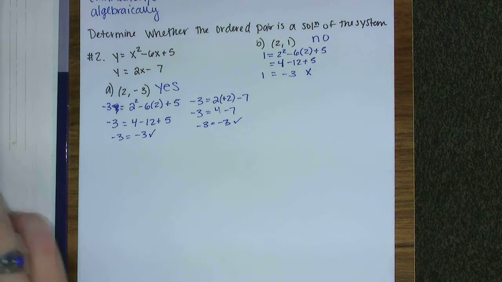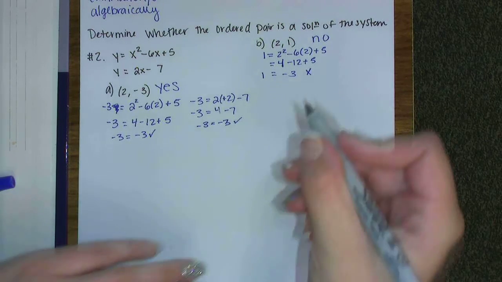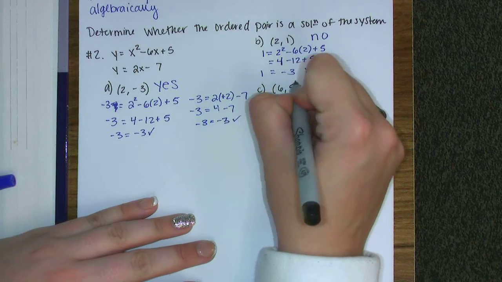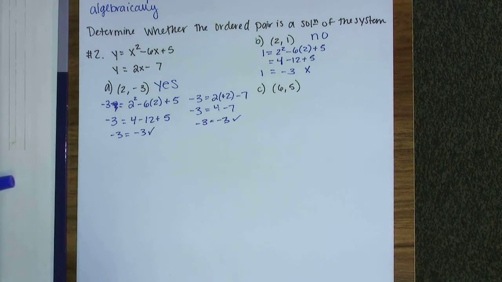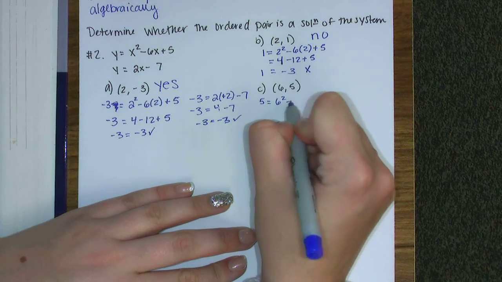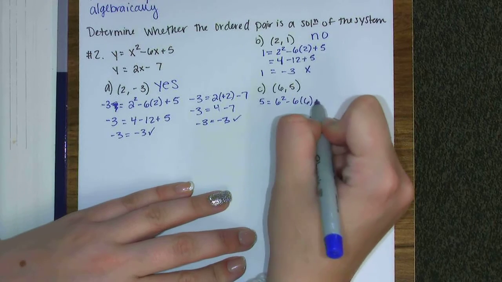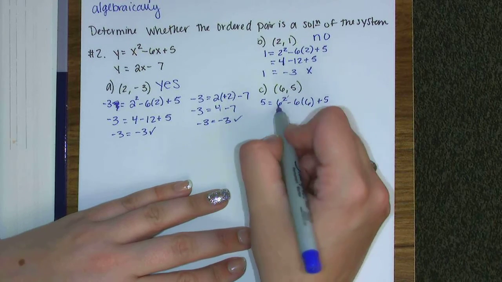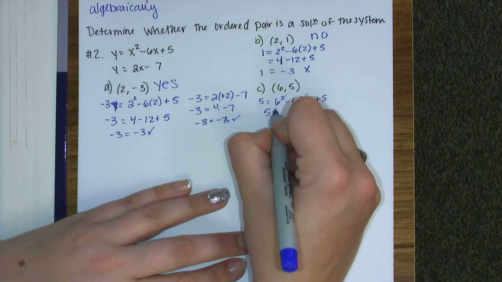But lastly, let's do C. It's going to be 6, 5. So let's see. 5 is equal to 6 squared minus 6 times 6 plus 5. That's 36 minus 36, so those are going to go away, leaving you with 5 is equal to 5.